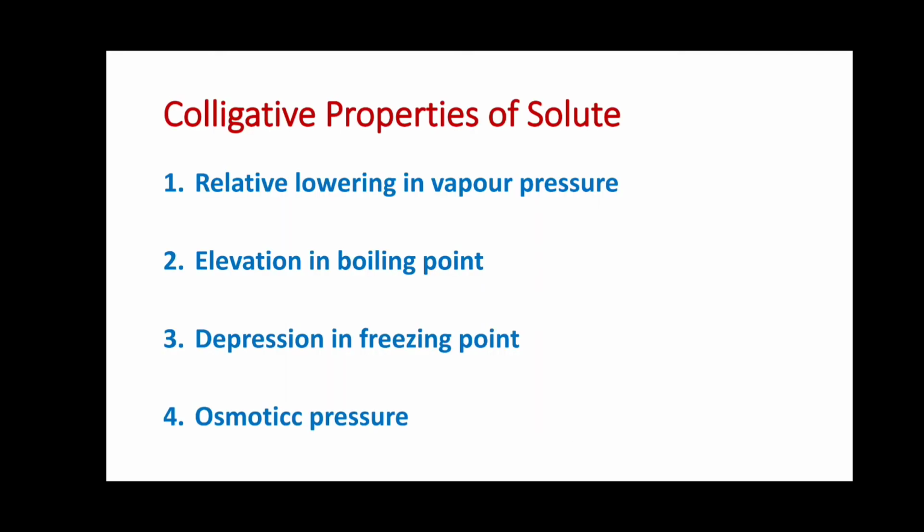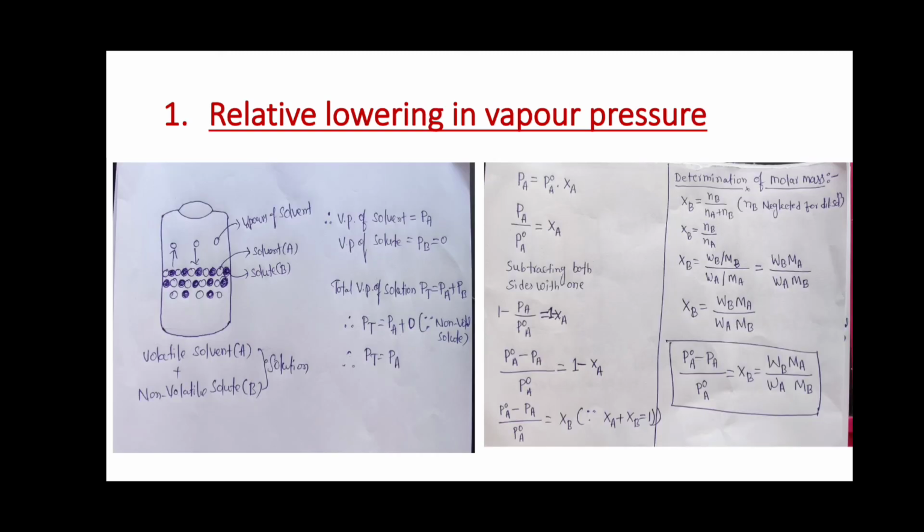Then we go for the colligative properties of the solute particles. The first property we are going to discuss is relative lowering in vapor pressure. Relative lowering in vapor pressure means we decrease the vapor pressure of the solution by adding a non-volatile solute.